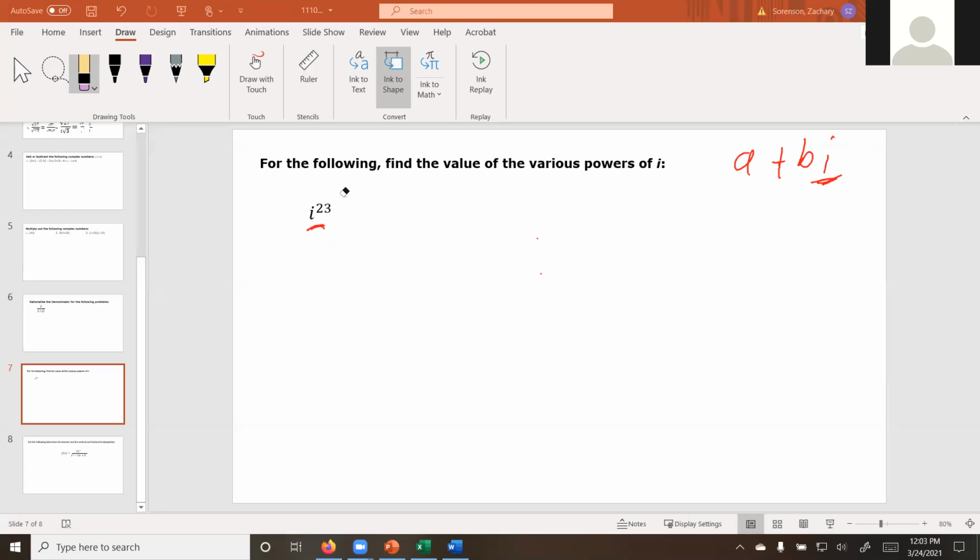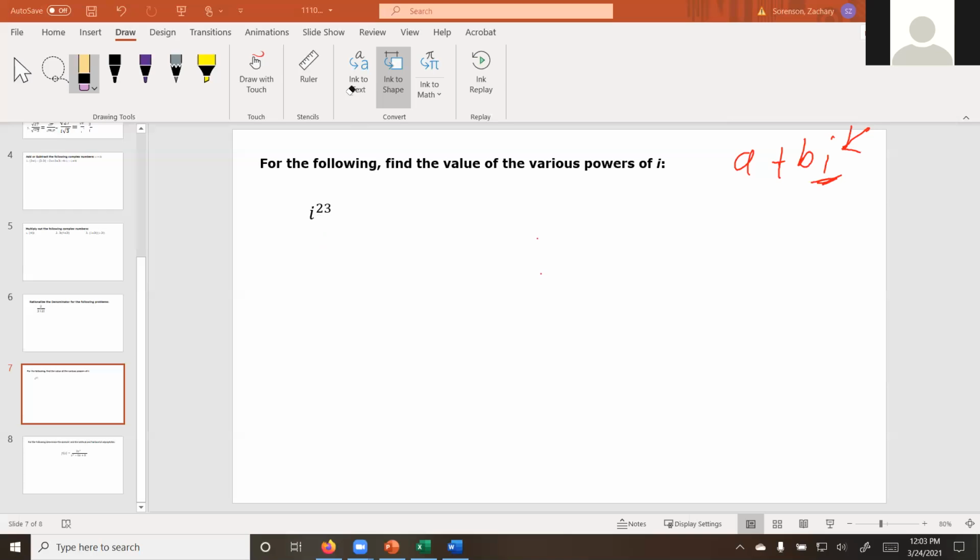Like i to the 23rd is just i times itself 23 times. i cubed is just i times i times i. So this is multiplication. What I want to show throughout this section is that any multiplication, division, addition, subtraction, I should get back to this form. And so I can't just leave it as i to the 23rd.